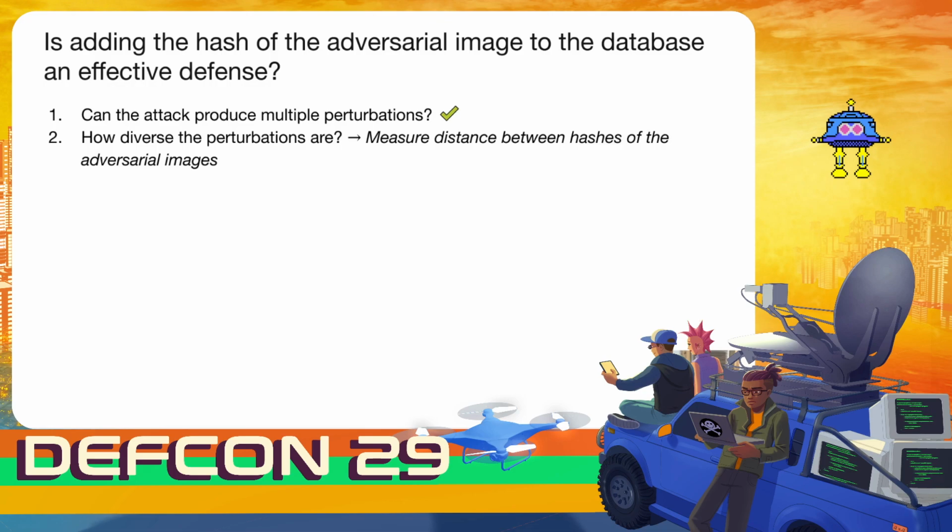Basically, let's say all the perturbations that we have result in hashes which are very close to each other, then maybe that's not a very effective set of perturbations. Maybe as a defense, someone can add just one of the perturbations, and that will detect all other adversarial images that will be generated. So we measure diversity between the perturbations by measuring distance between the hashes of the adversarial images.